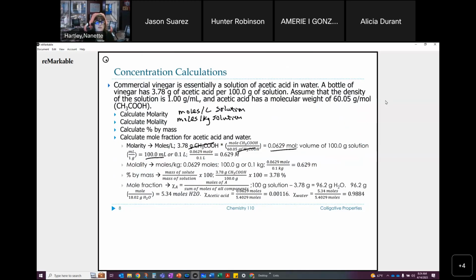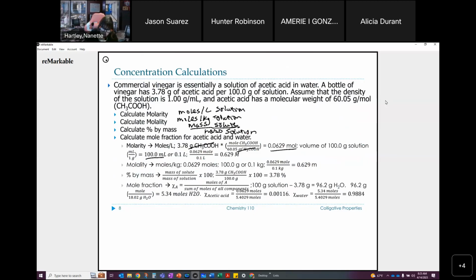Now, if I want to look at a percent by mass, I need a mass of my solute over the mass of solution. Oops, that should be solute, not solution. I apologize. This one's solution, and this should be solute.